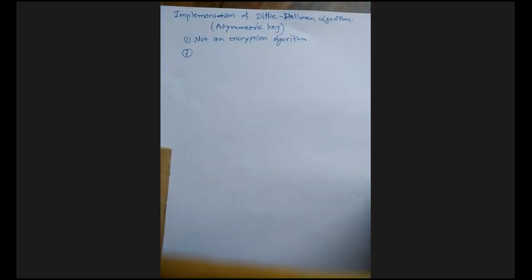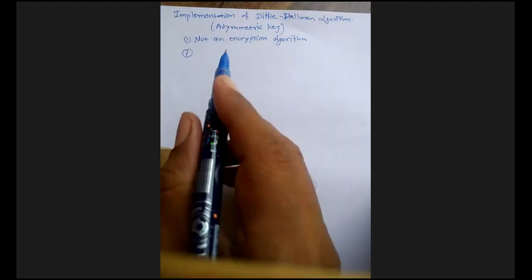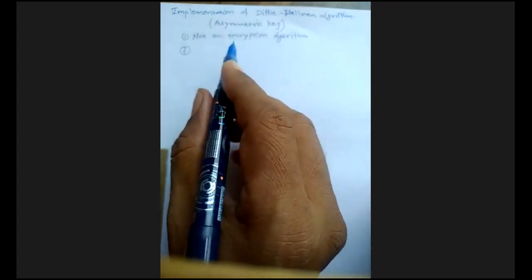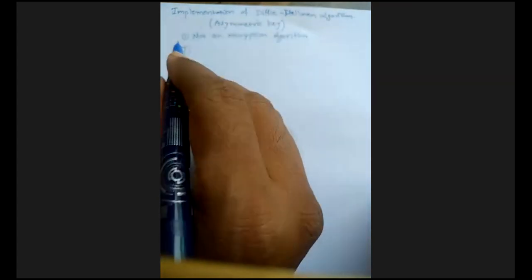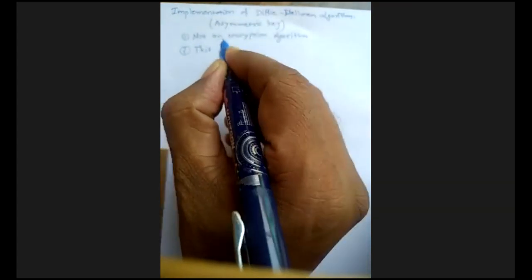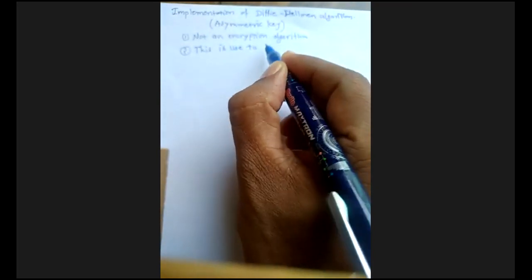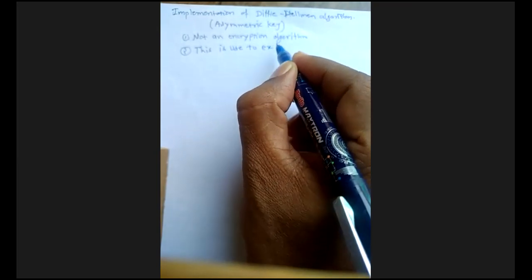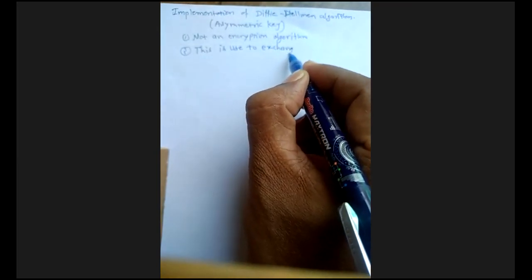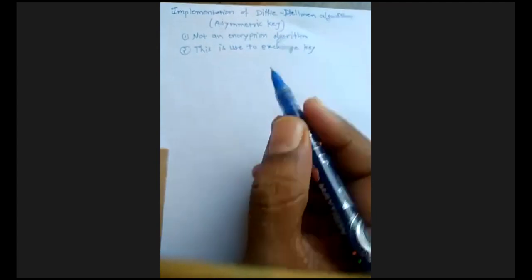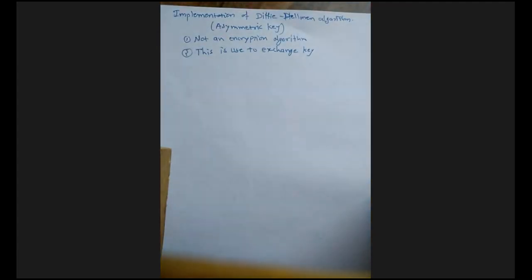So the second one for this: this is the use of exchange key. Okay, that's one. Suppose I say the properties. This is used to exchange key. Means that I can exchange the key from sender to receiver and receiver to sender.